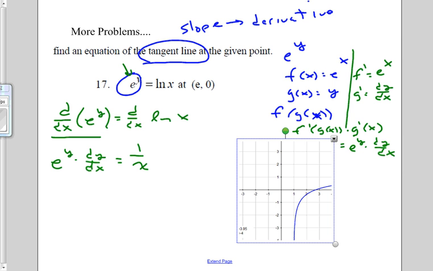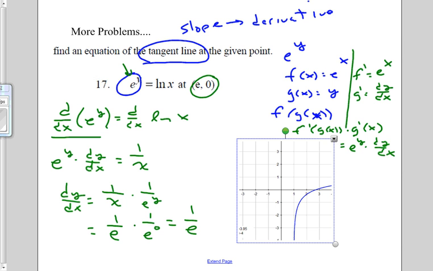So dy dx equals 1 over x times 1 over e to the y. And we're evaluating this at the following points. So when x equals e, so 1 over e, and when y is 0, so times 1 over e to the 0, and this just equals 1 over e.